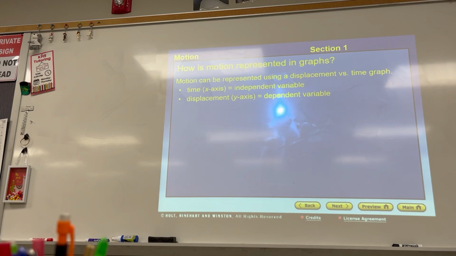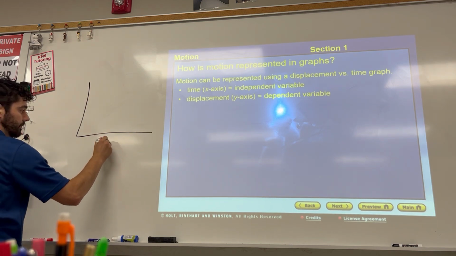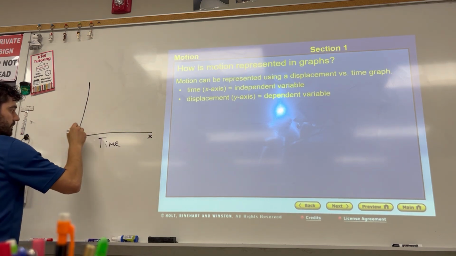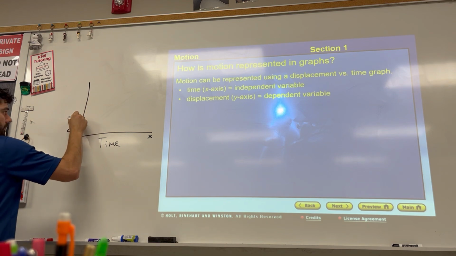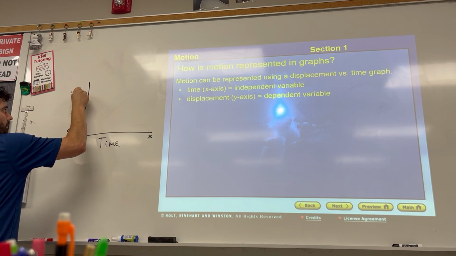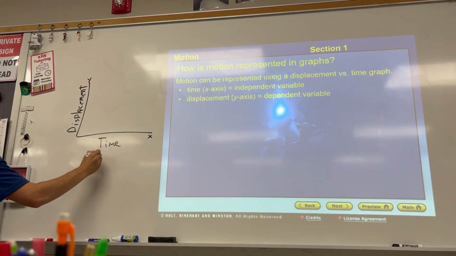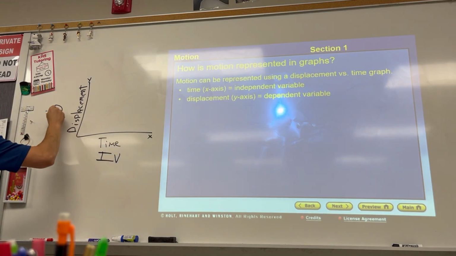Okay. So, in an experiment, the independent variable and the dependent variable both change. Okay, so I have time and I have displacement, and they're both changing, but what distinguishes them is what I do with them. Okay, this is my independent variable, this is my dependent variable.